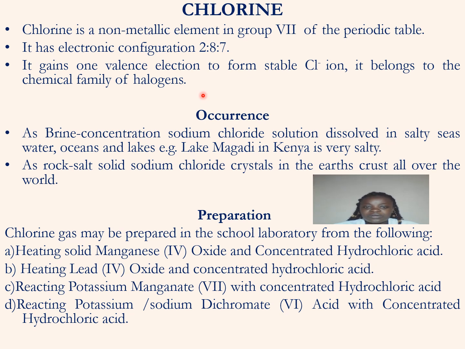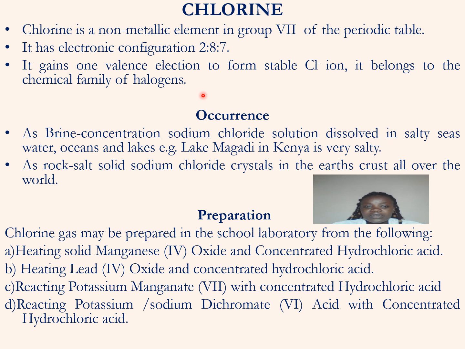Then we also know that it has an electronic configuration of 2:8:7. And from the configuration, we can see that it forms its ion by gaining one electron, to gain the stable configuration of 2:8:8.